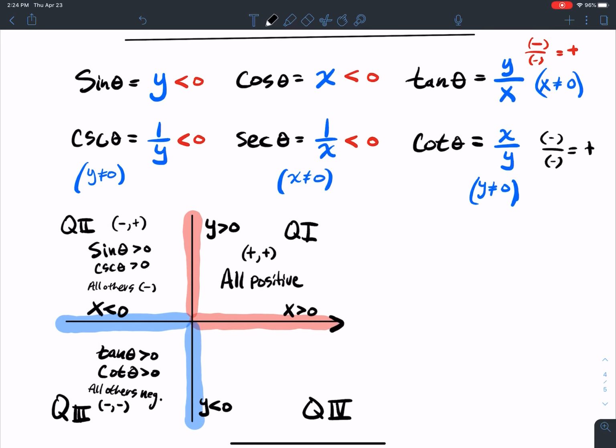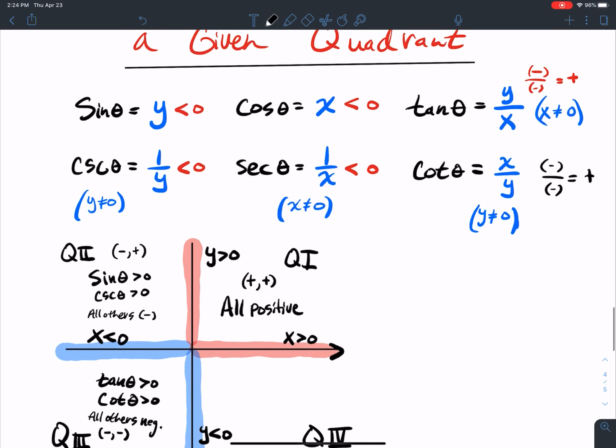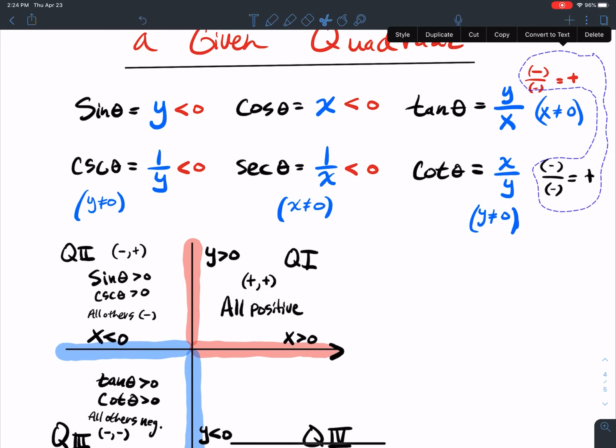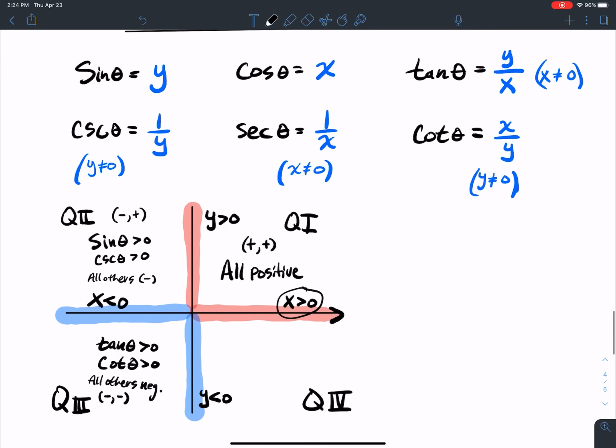Right? Now, this last quadrant, quadrant 4, let me get rid of that real quick. Quadrant 4, what do we have? X is positive, y is negative. So if y is negative, that means this is less than 0, and the reciprocal is less than 0.